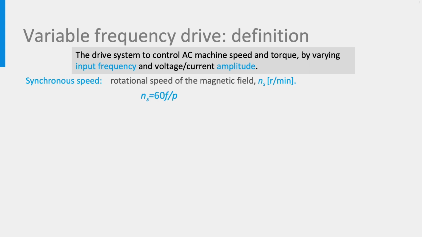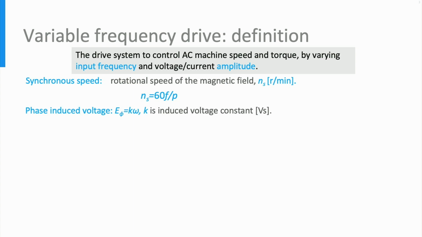As discussed in the previous lecture, the current in the stator windings induces a rotating magnetic field. The speed of this rotating magnetic field is called the synchronous speed and can be related to the frequency of the input current and the number of pole pairs of the rotor as 60 times the frequency f divided by the number of pole pairs p.